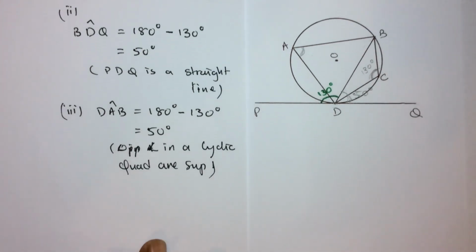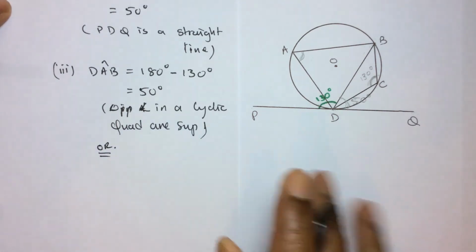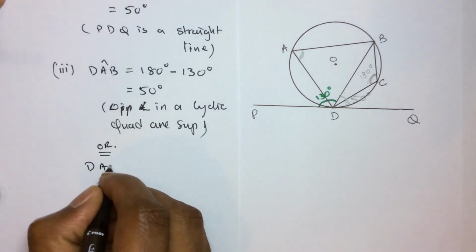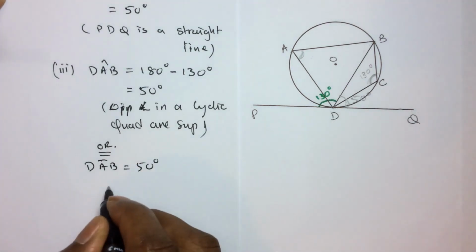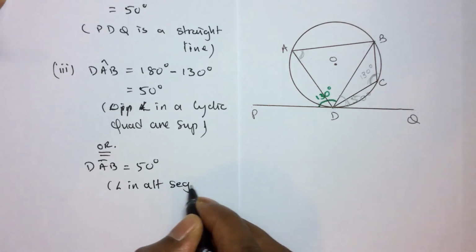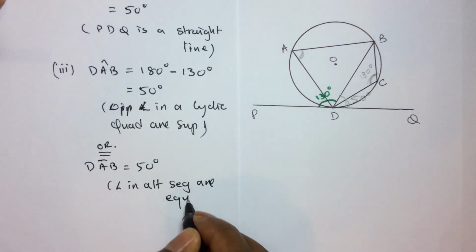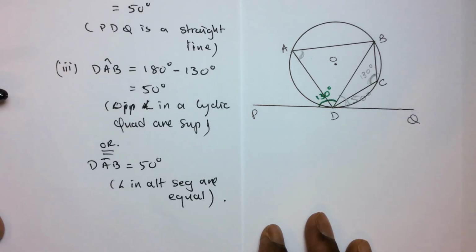We can also write this as an alternate method: DAB is equal to 50 degrees, angles in alternate segment are equal. So this is example 3.